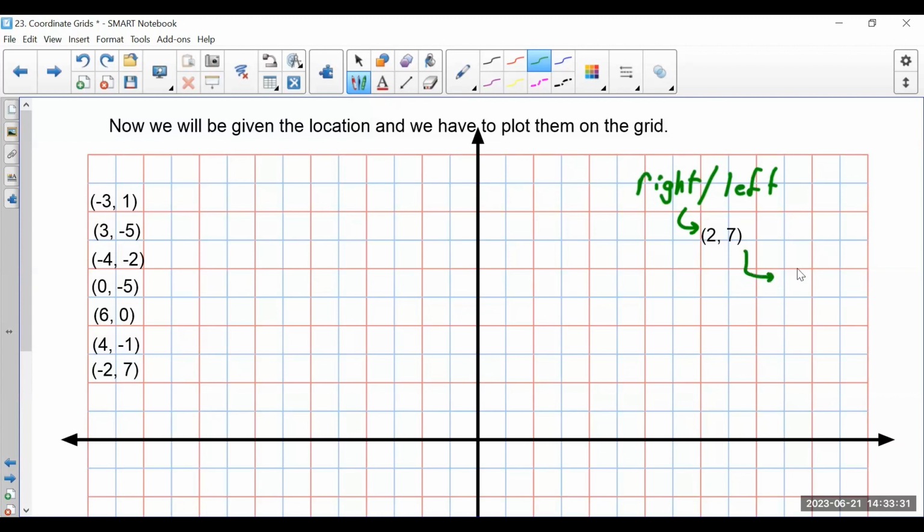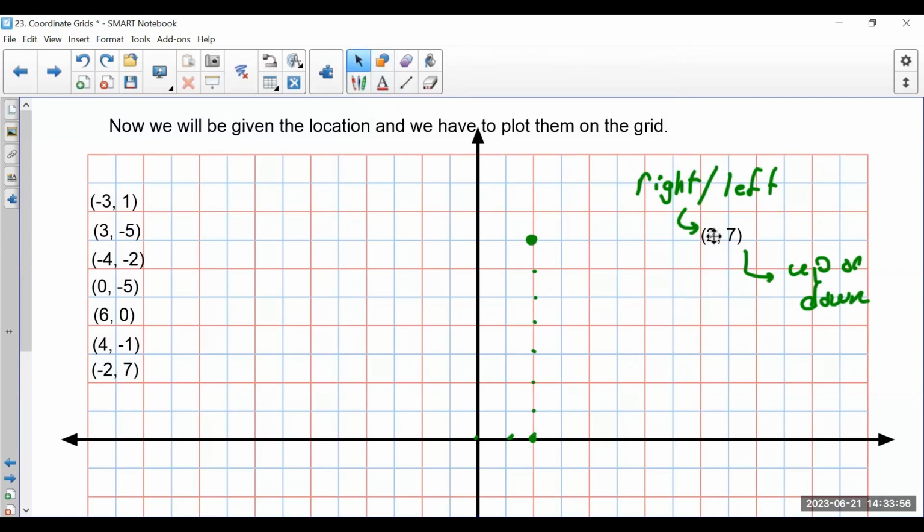Then your second number is up or down. So if it's +2, we're going to go to the right, 1, 2, okay? +7 is up 7. So over 2, up 1, 2, 3, 4, 5, 6, 7. And we're right there. And right there's our 2, 7. All right, boom. That's 2, 7.